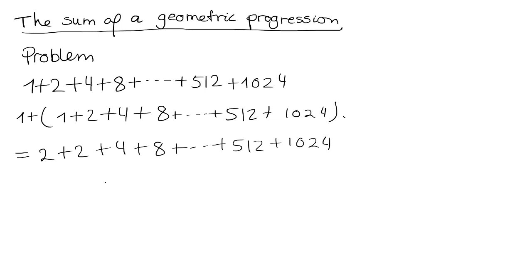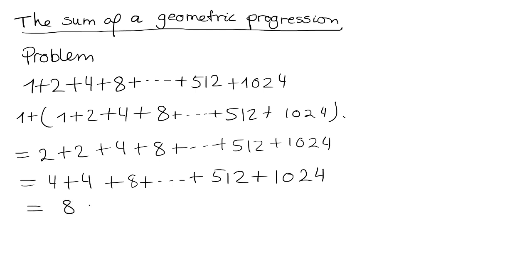Okay, and you might see where this is going now, because now we simply add 2. So we have 4 plus 8 and the same as above, plus 512 plus 1024. Again, we simply add 8 plus 8 plus all the way up to 512 plus 1024.